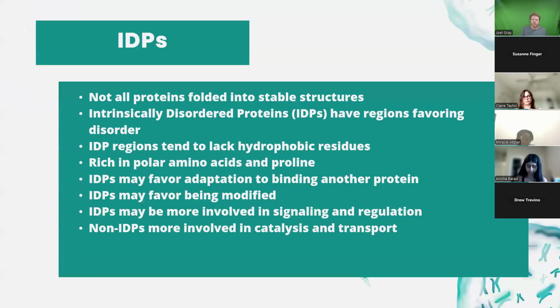If you ever see the letters IDPs, that's in reference to an intrinsically disordered protein. Not all proteins fold into stable structures. Intrinsically disordered proteins, or IDPs, have regions favoring disorder. So think about random coils.